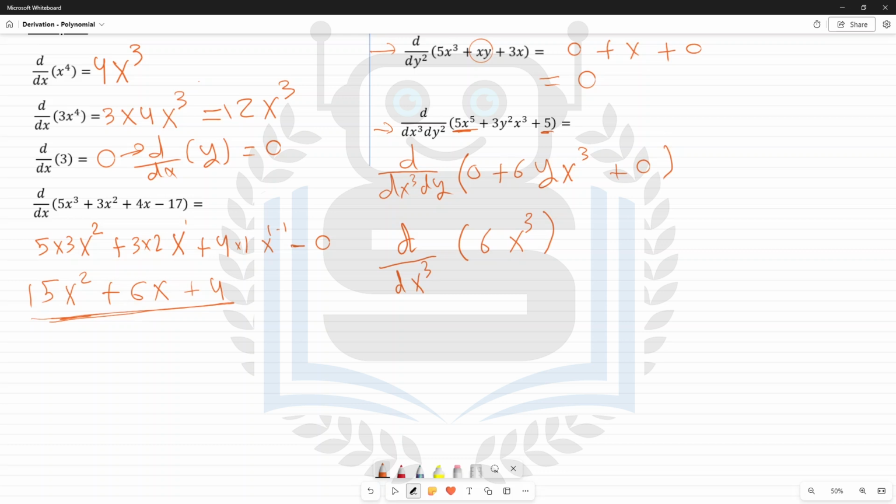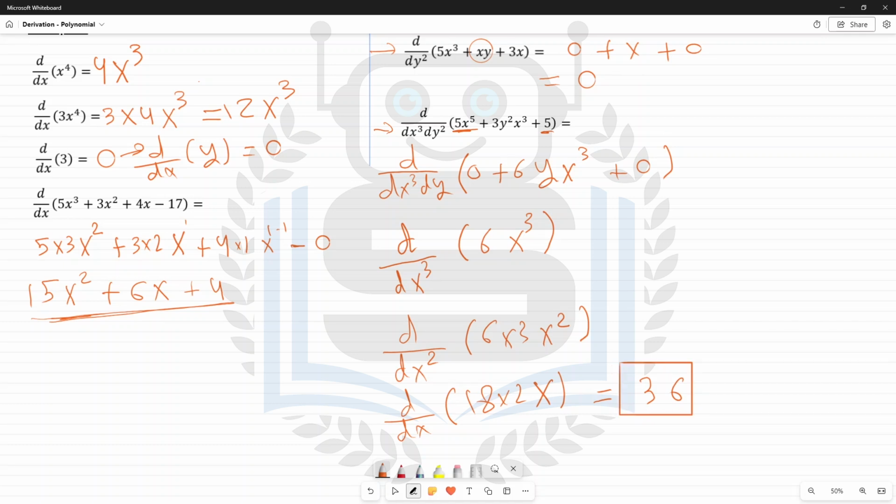So that will be d/dx squared of 6 times 3x squared, then d/dx of 18 times 2x, which equals really 36.